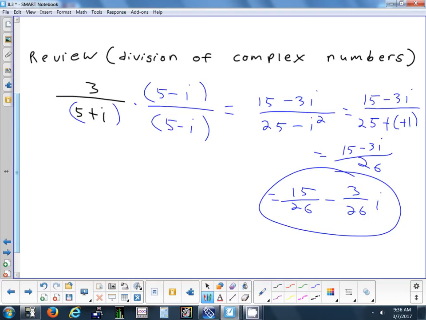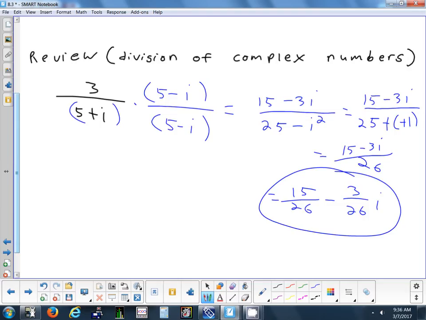Combining like terms, changing i squareds to negative 1, and then splitting it into a real part and an imaginary part at the end. And this wasn't even as bad as it could be because the top number was just a 3 to distribute. It could have been like 3 plus i, and then you'd have to foil the top and the bottom. Okay, so that's the way we used to divide complex numbers.